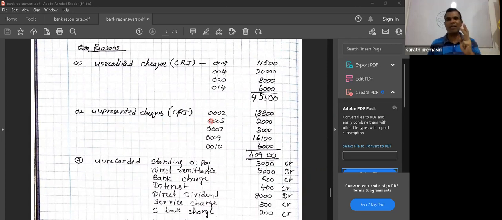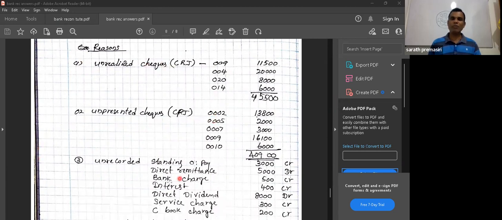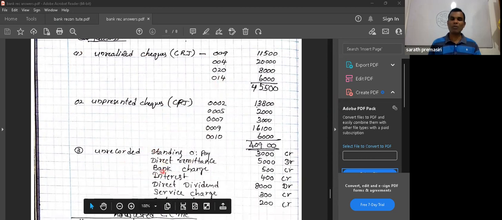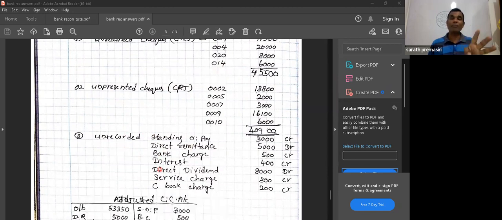First one is unrealized checks. The other one is unpresented checks. The other one is unrecorded items. And the other one is errors committed by the bank or errors committed by the business.